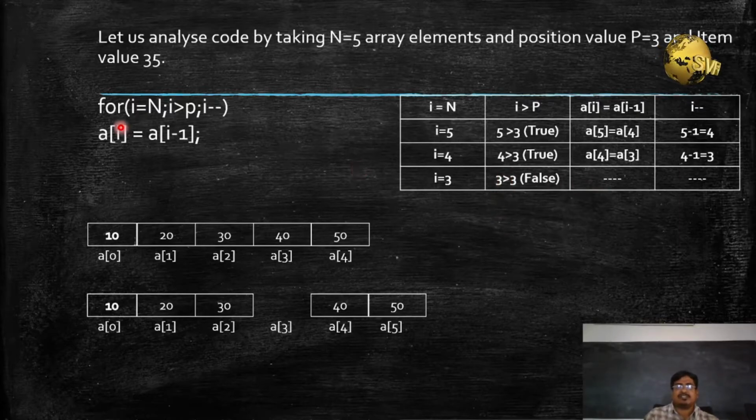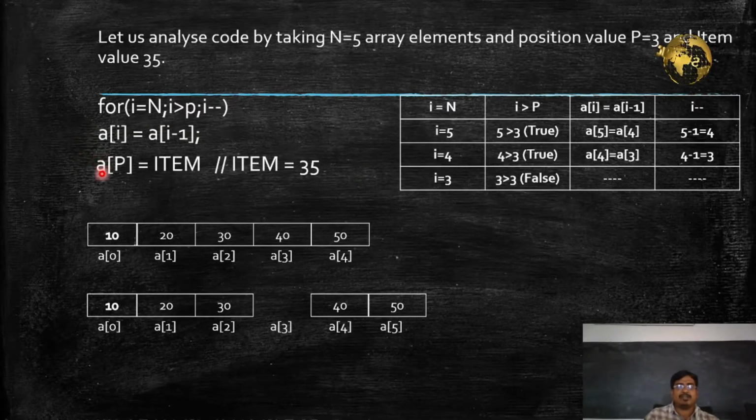Once the condition is false, we come out of this loop and insert an element as a[p] = item. My p value is 3, so a[3] = item. We already cleared this position using this logic, so a[3] is empty.